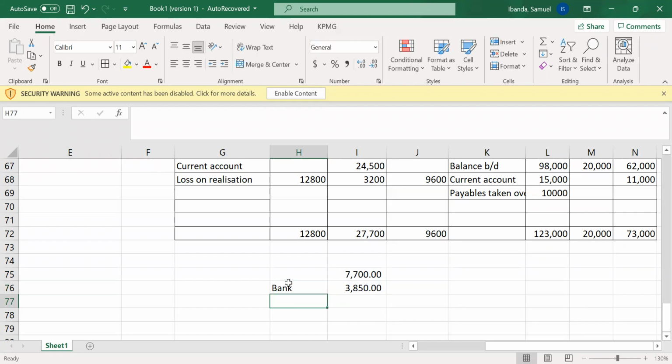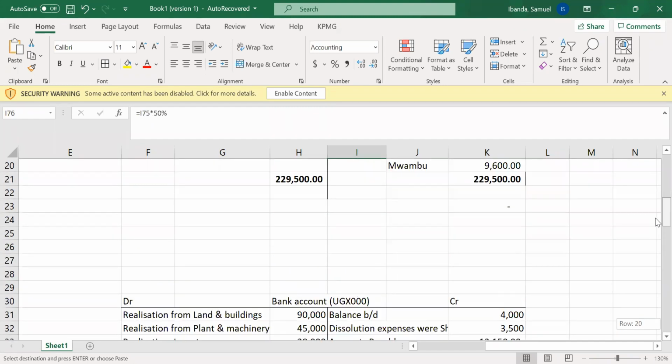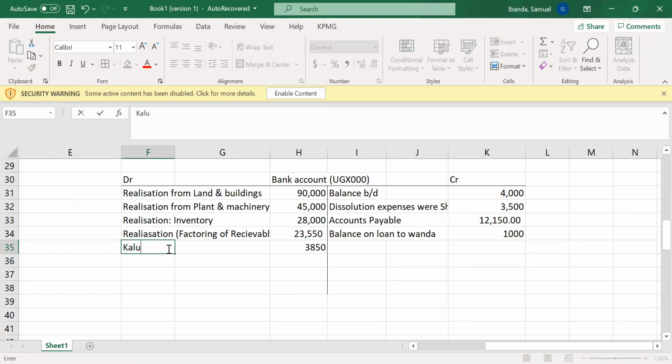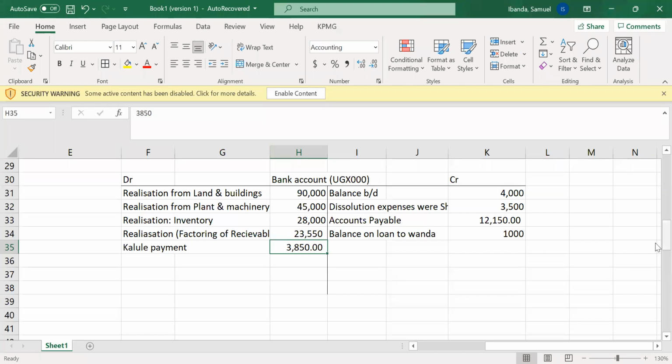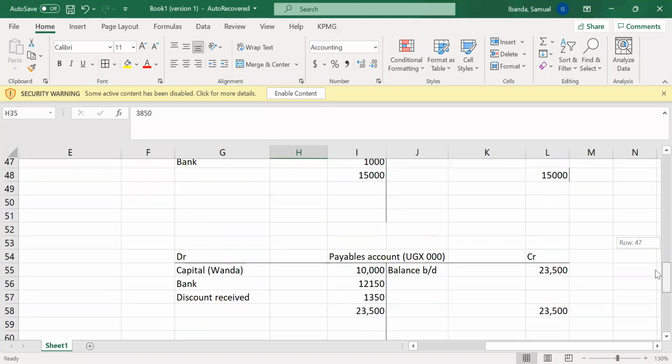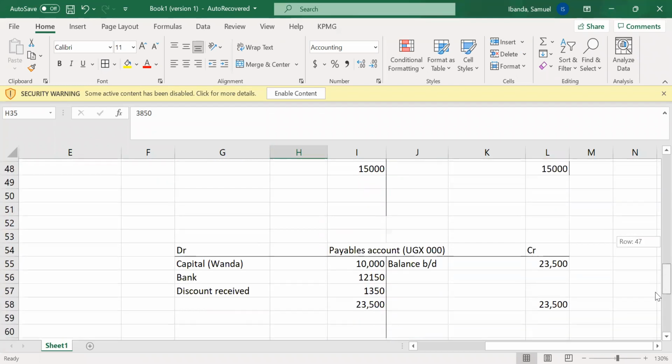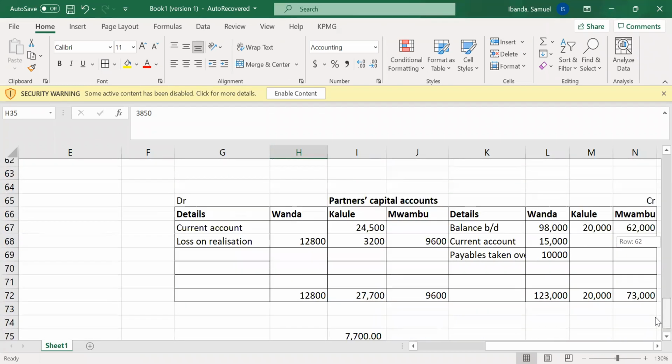So this definitely is paid through the bank. So when you come here, you come in your bank and recognize it and say bank, Kaole payment for his deficiency, the 3,850. And then as you debit your bank here, you come and credit here.